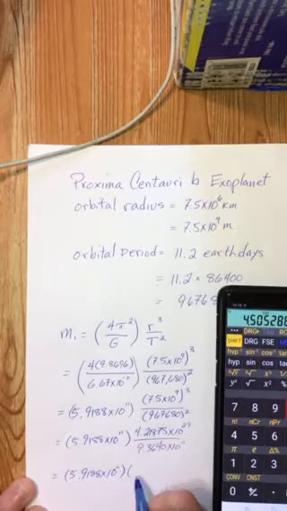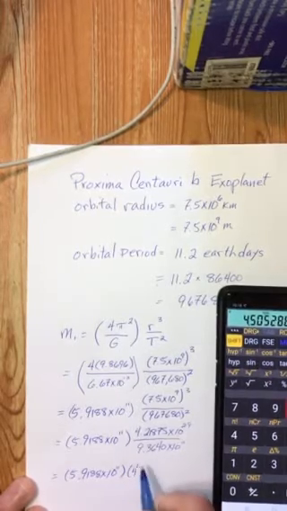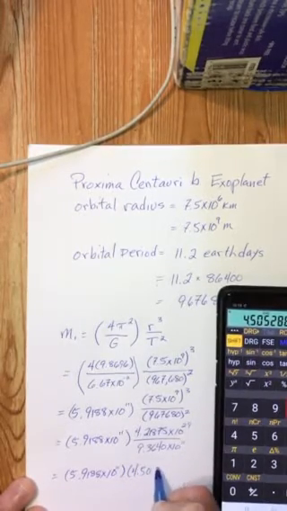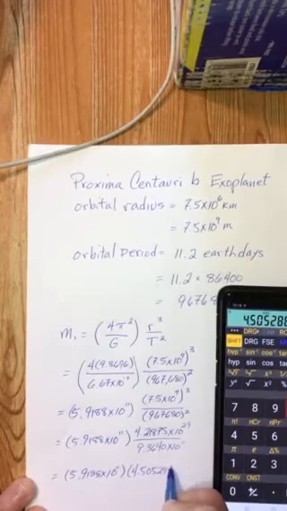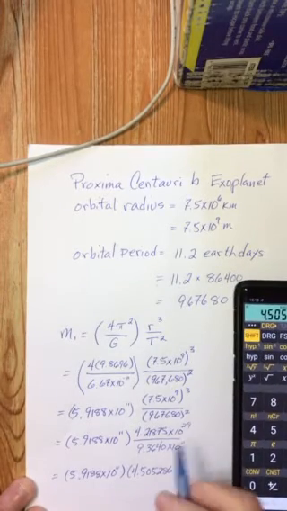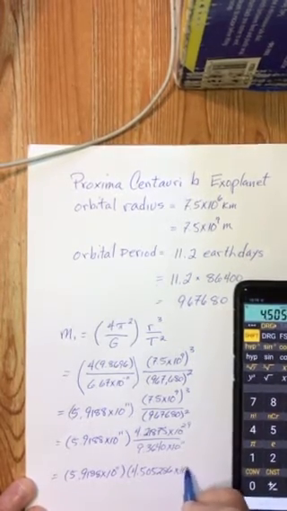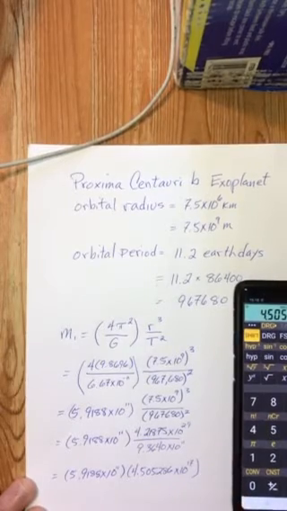And we get this, 4.505286 times 10 to the 17th power.